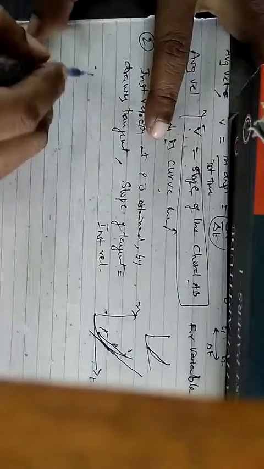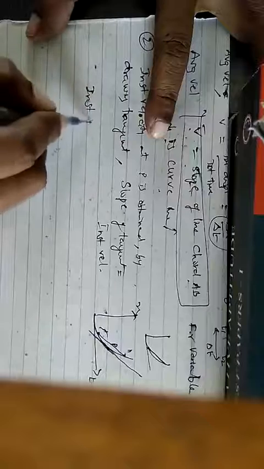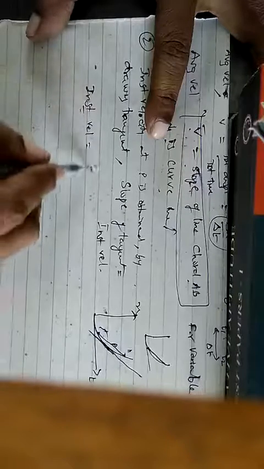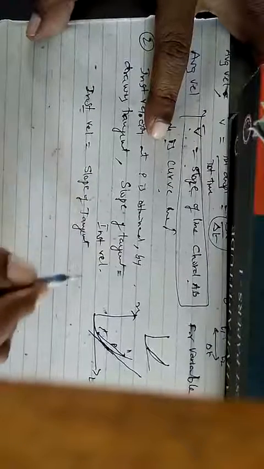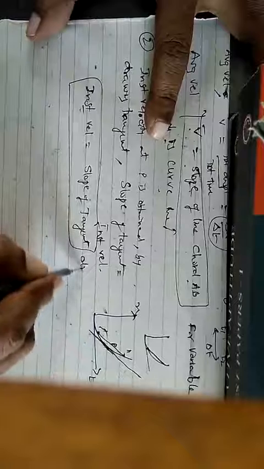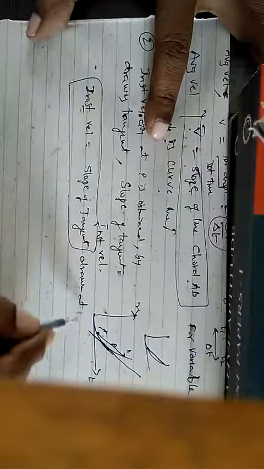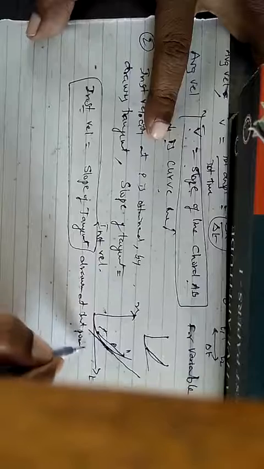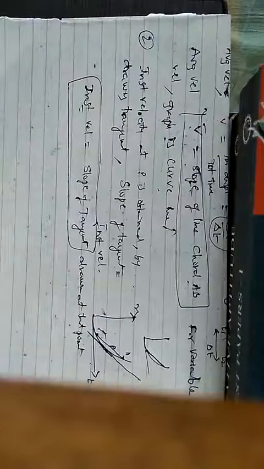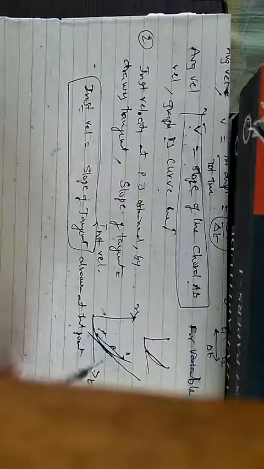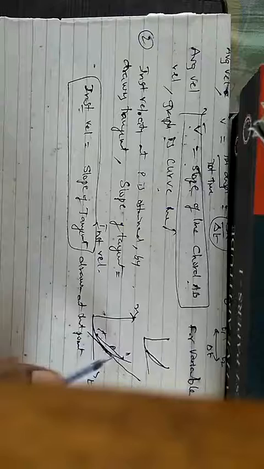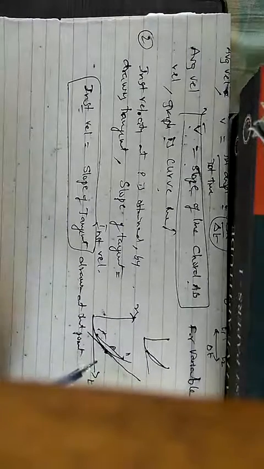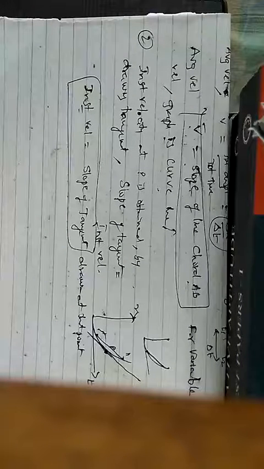Remember, instantaneous velocity is equal to the slope of the tangent drawn at that point. These points are important for knowledge. If a curve is there, the slope of the chord gives the average velocity and the slope of the tangent gives the instantaneous velocity.